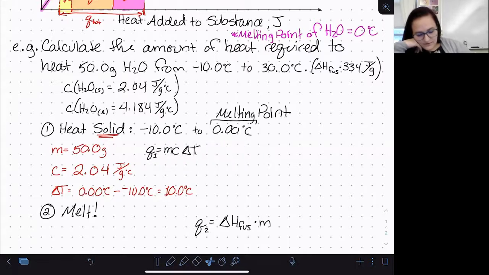So solving for Q1 here is just a matter of plugging all of those things in once we recognize what numbers we need.